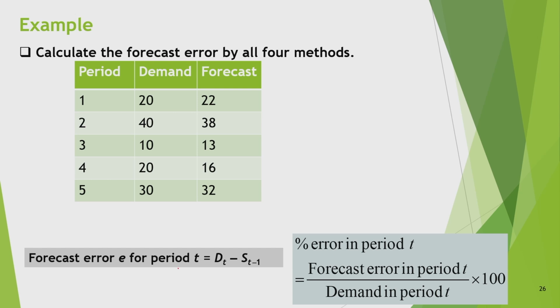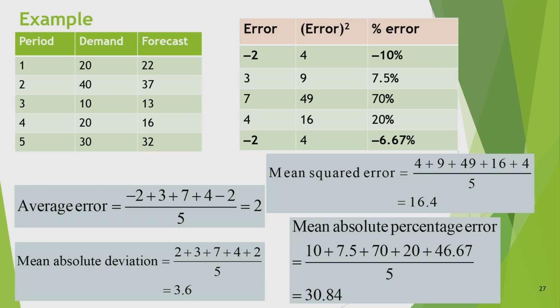So, forecast error for any period will be dt minus St minus 1, demand and corresponding forecast. Percentage error in period T will be forecast error in period T divided by demand in period T, into 100. Let us see this one: suppose you have 20 but forecast is 20, so error is minus 2.